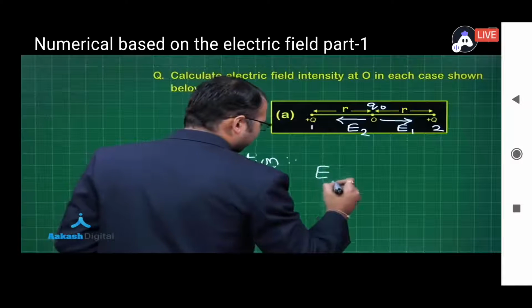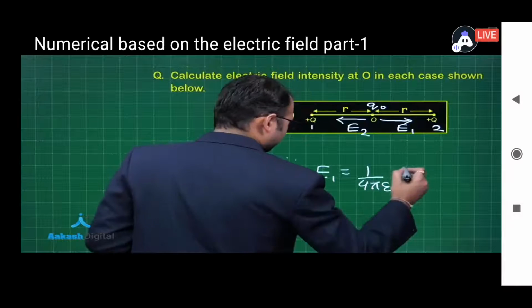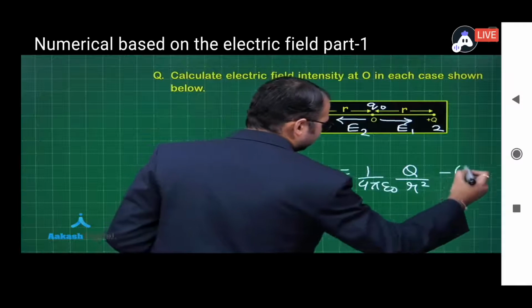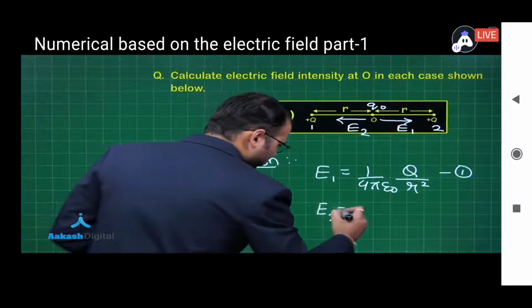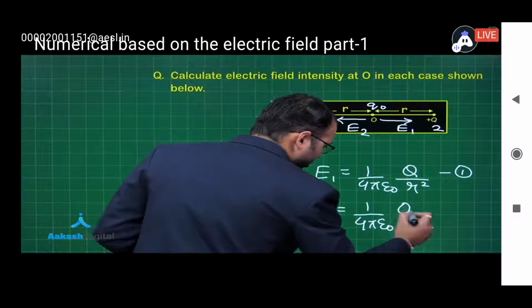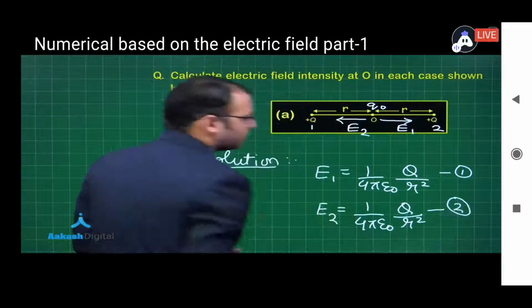You can write E1 as 1 upon 4 pi epsilon naught, capital Q upon R square. This would be the first equation, right? And the second value E2 would again be 1 upon 4 pi epsilon naught Q upon R square. That would be the second equation.